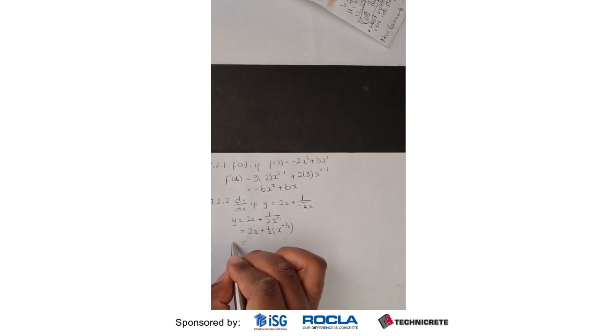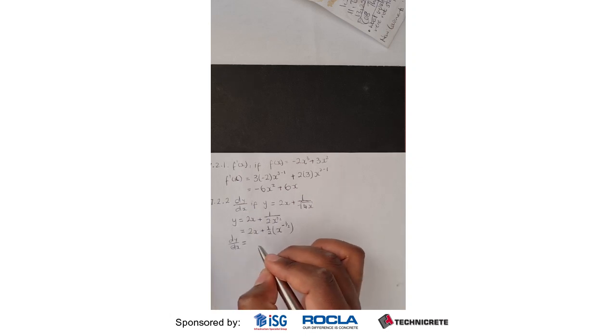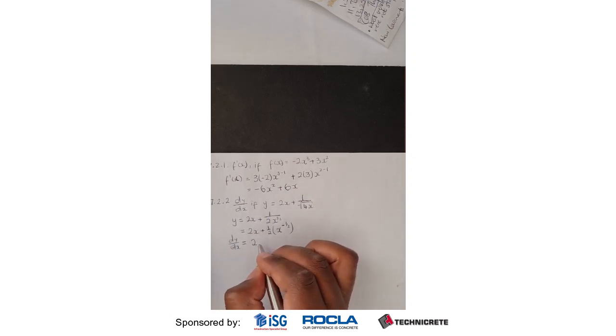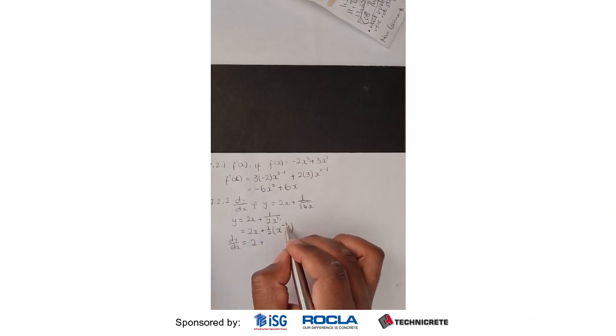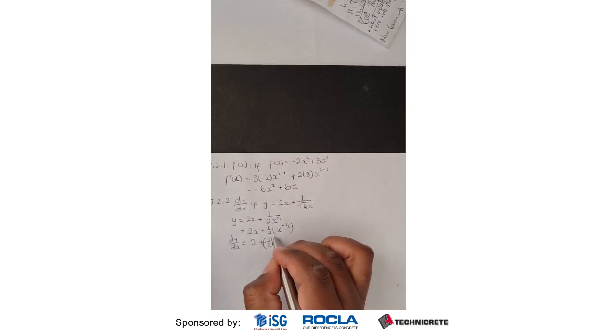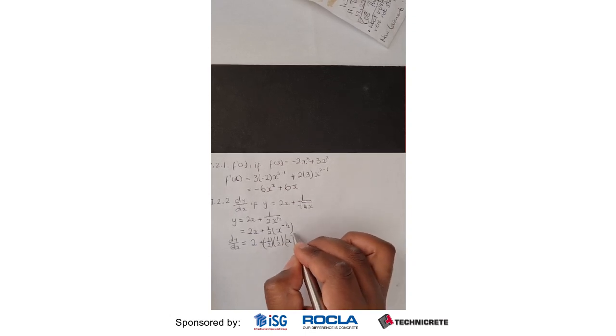Now, let's do the actual differential of y. Then this becomes just the 2 plus this here, the power comes down as we know, multiplied by half, and all to the negative.